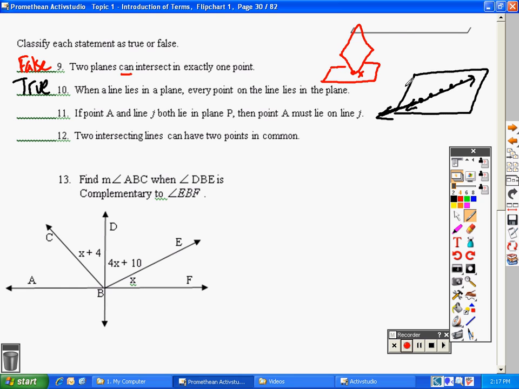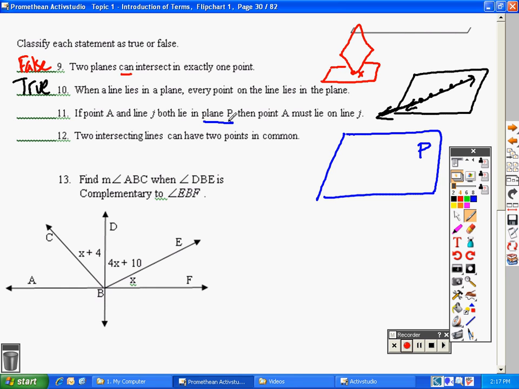All right, question number 11. If point A and line J both lie in a plane P, then point A must lie on the line J. Let's look at this. So what they're saying is we have plane P, and point A and a line both lie in the plane.